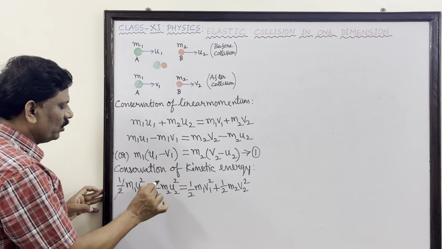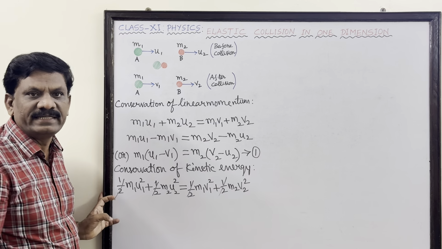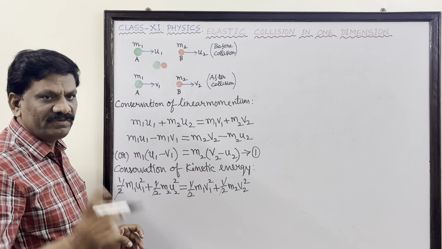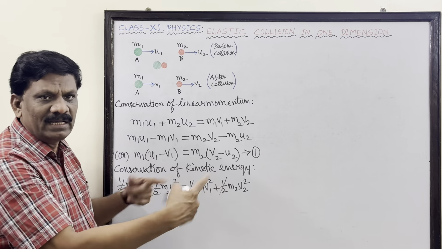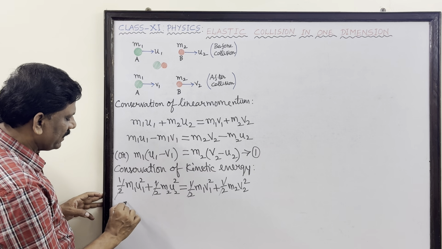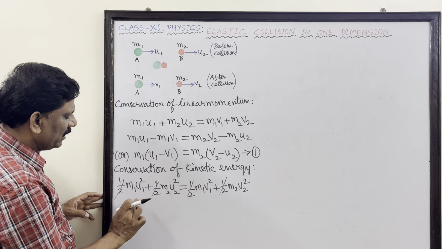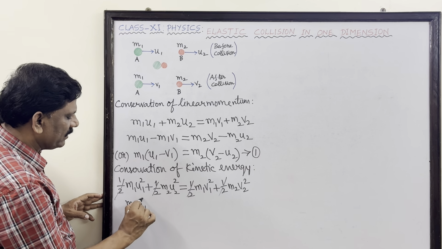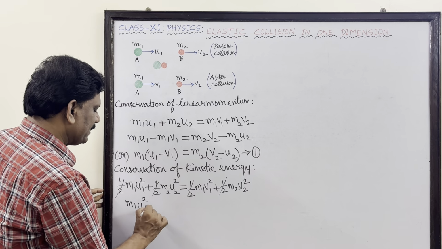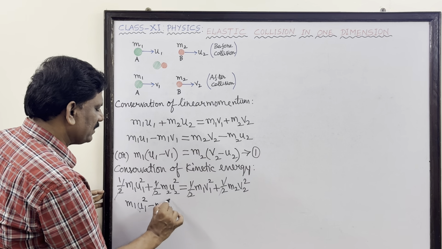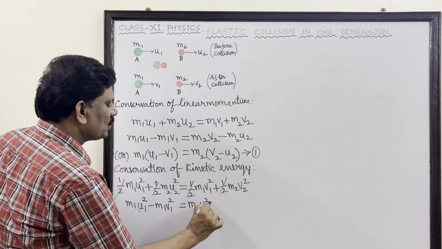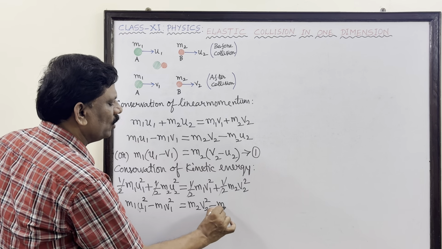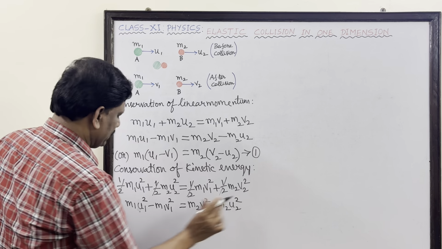The 1 by 2 can be cancelled on both sides. Once again grouping of terms, all m1 terms on the left side and m2 terms on the right side: m1 u1 square minus m1 v1 square equals m2 v2 square minus m2 u2 square.